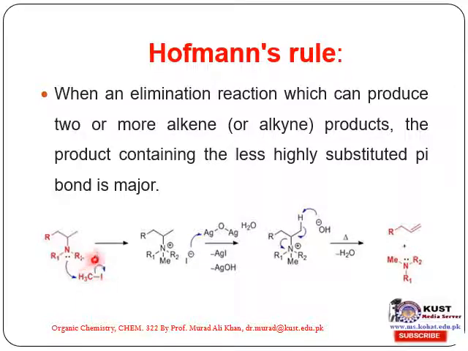First the tertiary amine is converted to a quaternary ammonium salt, and then it reacts with a strong base, silver oxide, and then the amine is removed and the proton is extracted from the less substituted carbon.